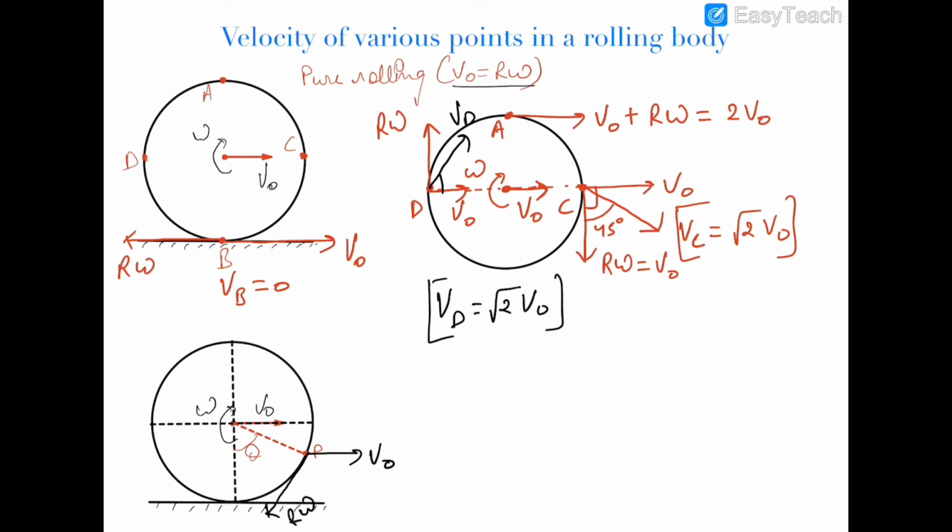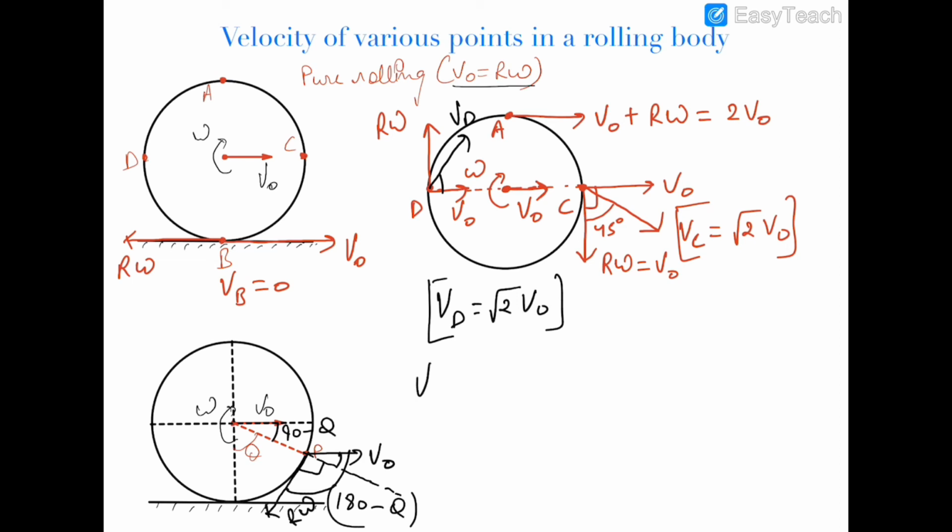Now you can see that if we extend this radius, then this angle will be 90 minus theta. Therefore this angle will also be 90 minus theta, and this is 90. So this complete angle will be 180 minus theta.